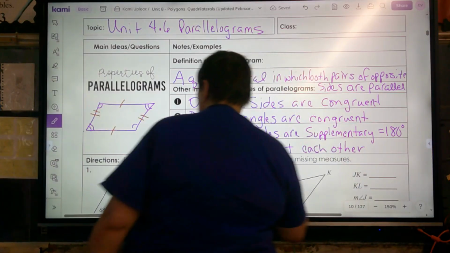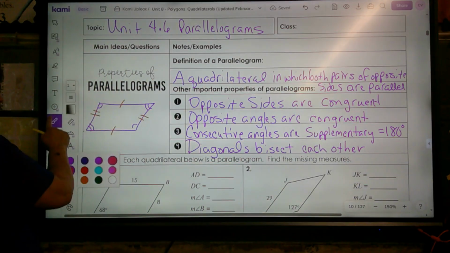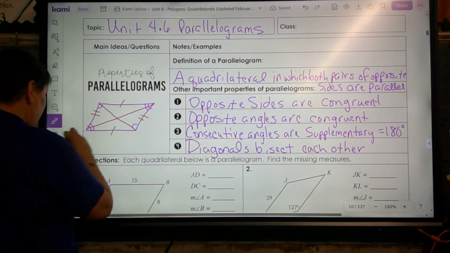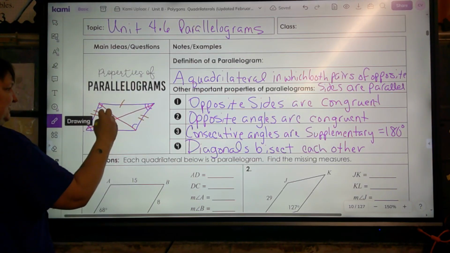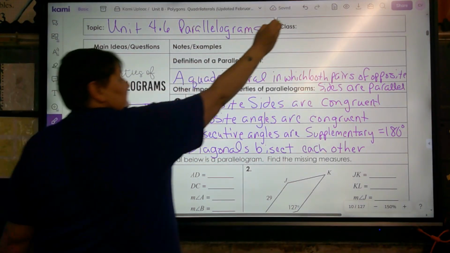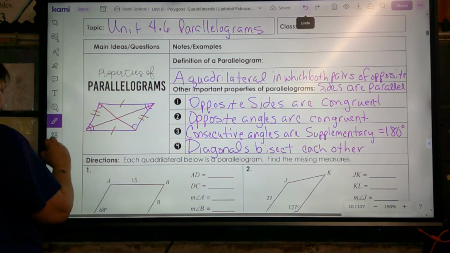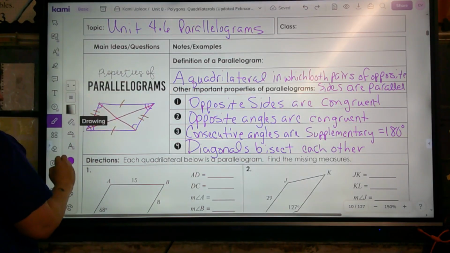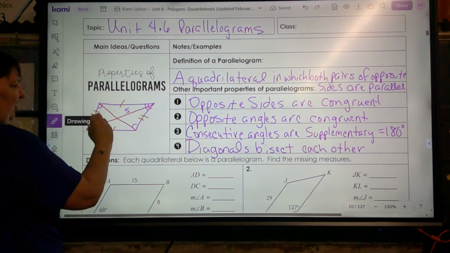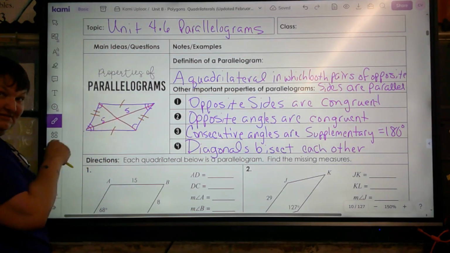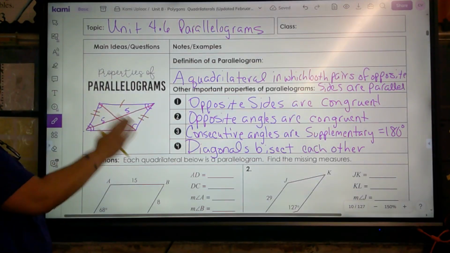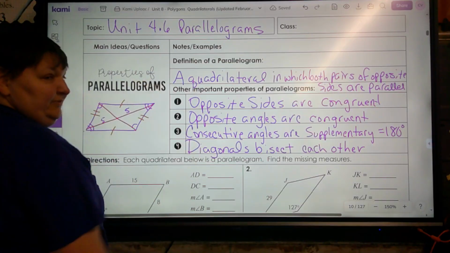So if you draw lines diagonally from corner to corner, they're going to bisect into equal pieces right there in the middle, which means that if you know that this is 5, then this also has to be 5, because it cut it in half into equal pieces. Right? All of this is useful information, which should be in your notebook.